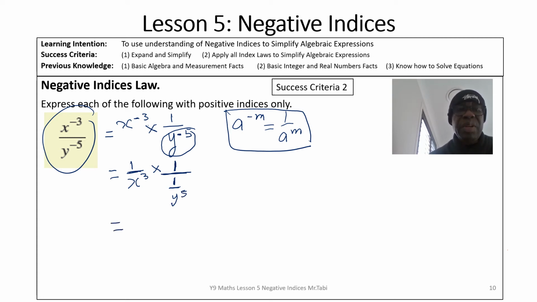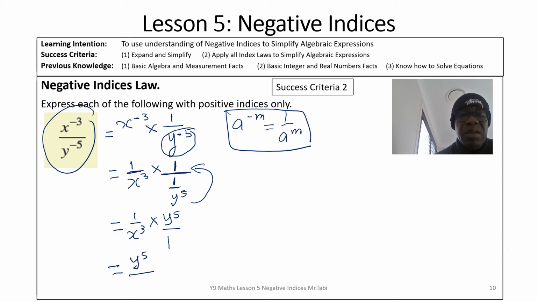So this is simply 1 over x to the power of 3 multiplied by y to the power of 5 divided by 1. This would go up. And so that becomes y to the power of 5 over x to the power of 3.